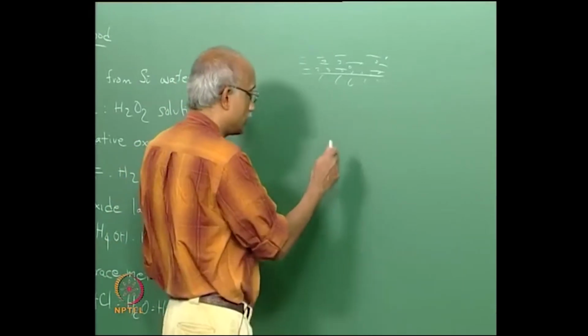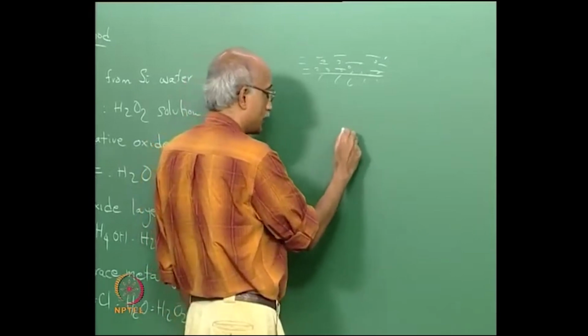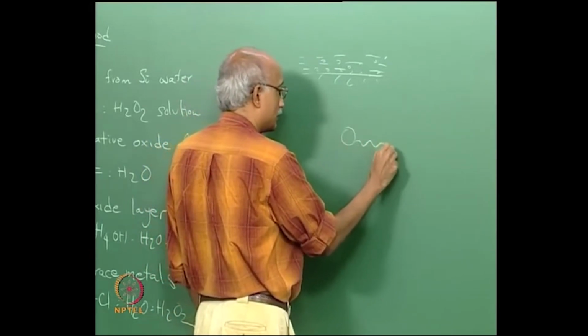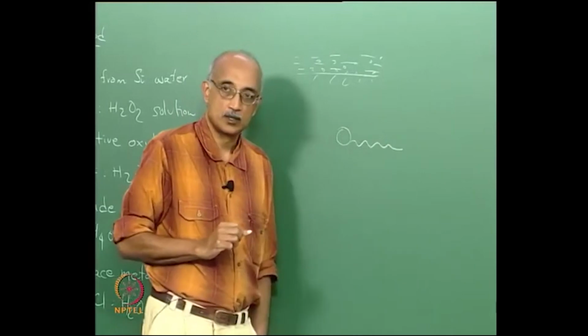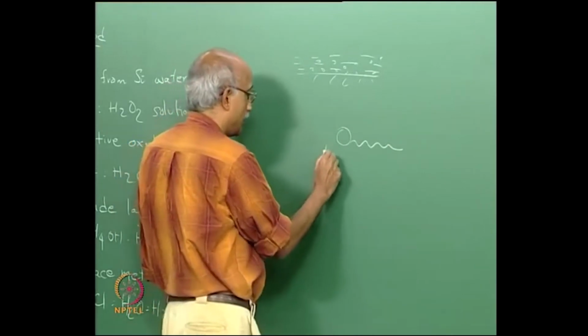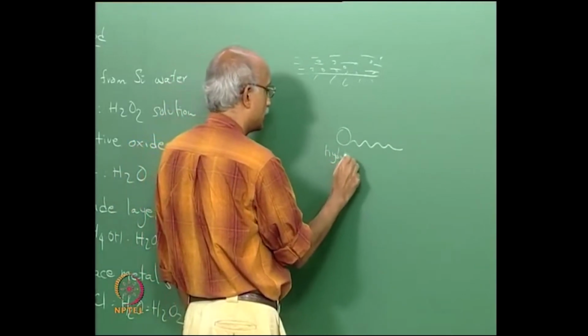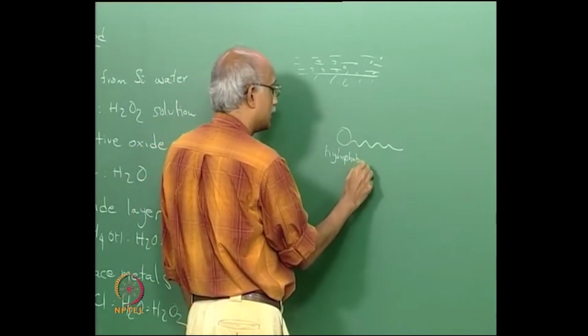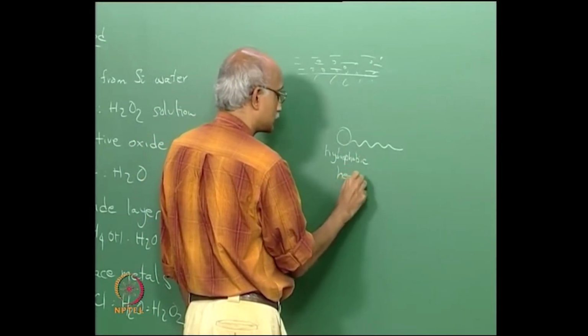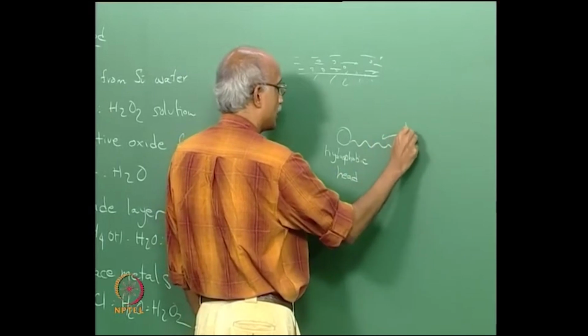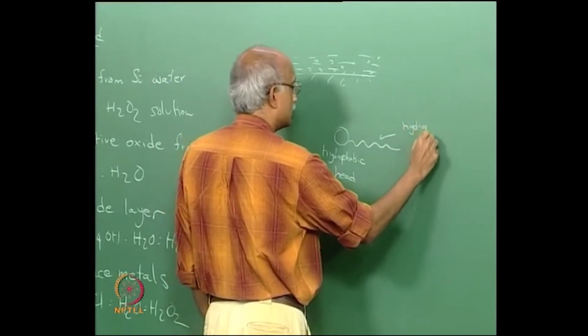Now, when you look at a detergent molecule or a surfactant molecule, you can kind of imagine them as looking like this. They have a hydrophobic head, and this portion is called a hydrophilic tail.